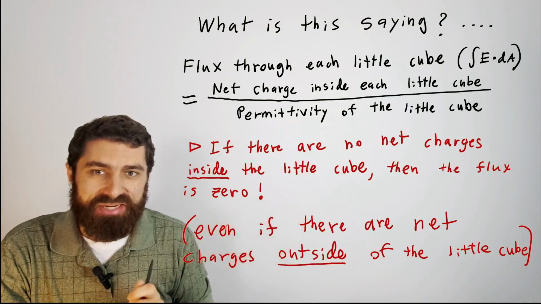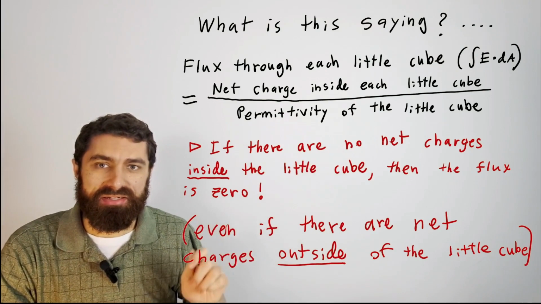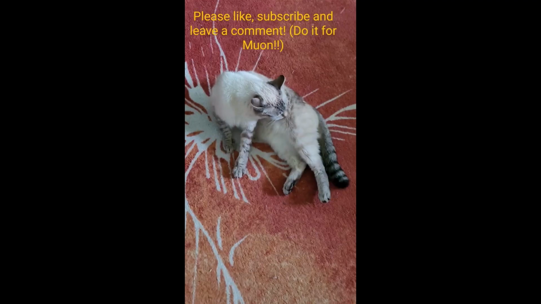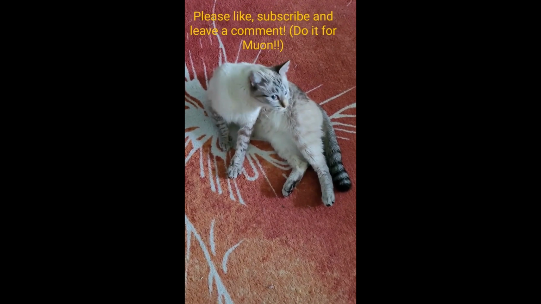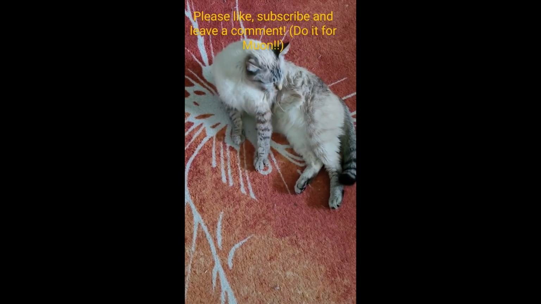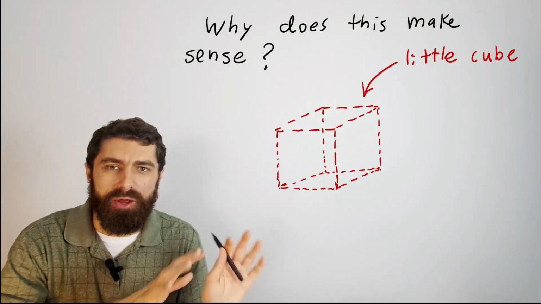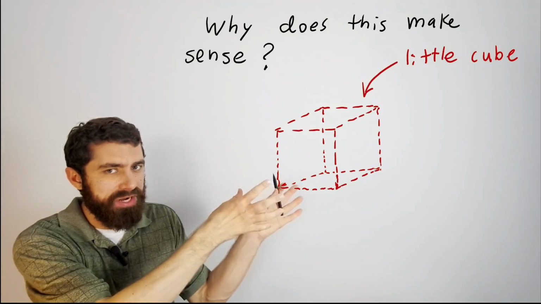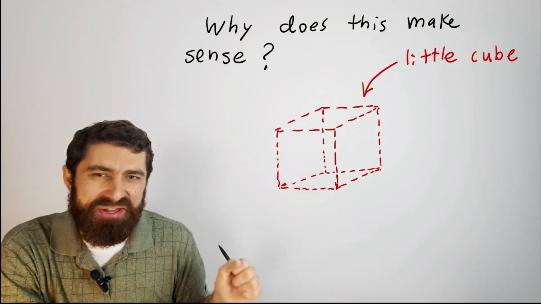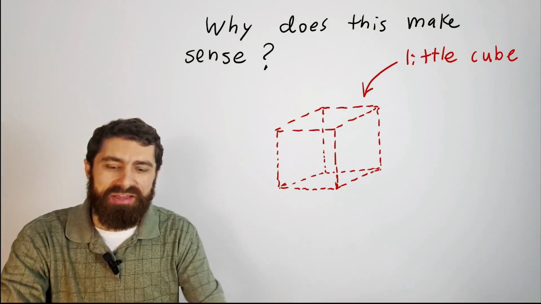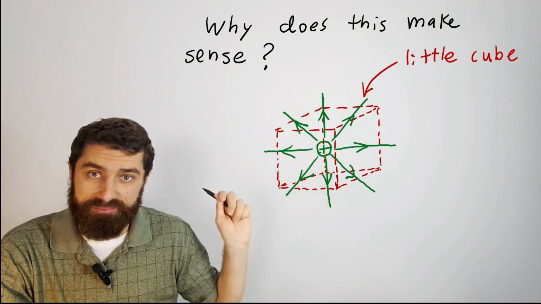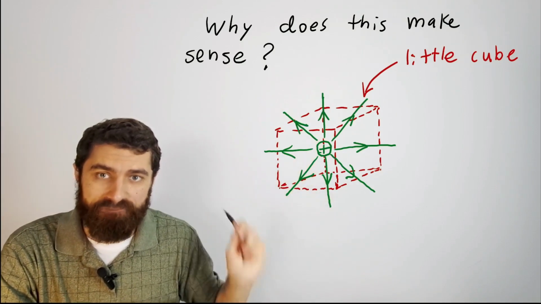That might seem counterintuitive, but let me take you through a little thought experiment to make that more compelling. Okay, so suppose we have this little cube here. I drew it as very large, but imagine it's an infinitesimally small cube. And it has a charge inside it, centered at the origin here.